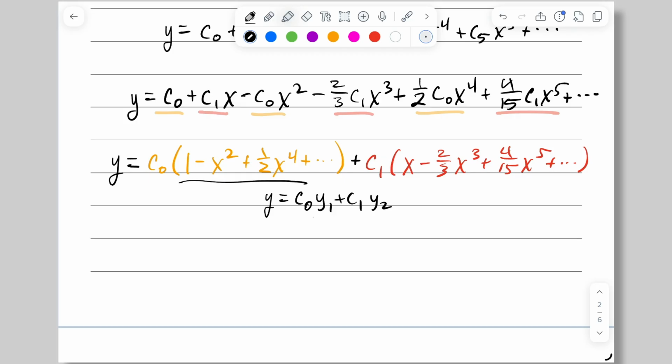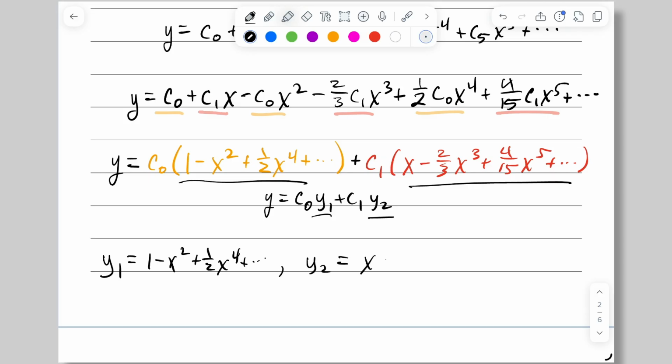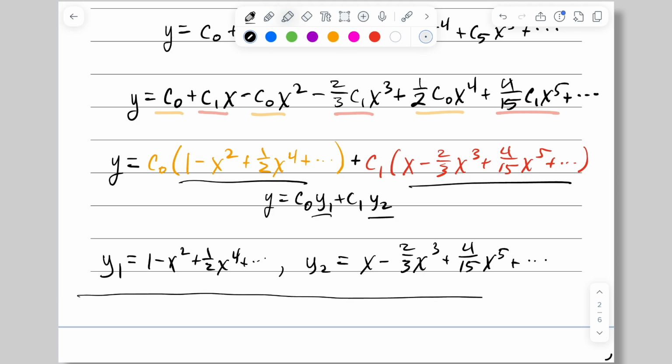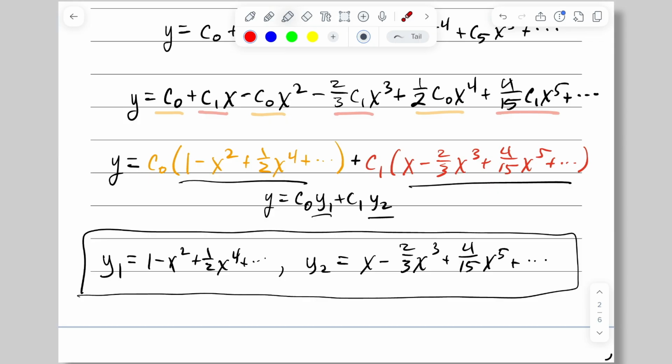And that tells us what our two solutions are. y1 is 1 minus x squared plus 1/2 x to the fourth, and so on. y2 is x minus 2/3 x cubed plus 4/15 x to the fifth, and so on. And these are our two power series solutions. Generally, I'm going to ask you for 3 terms per solution if possible.